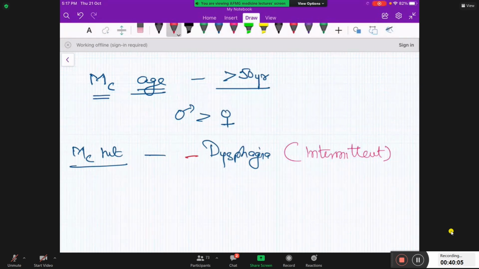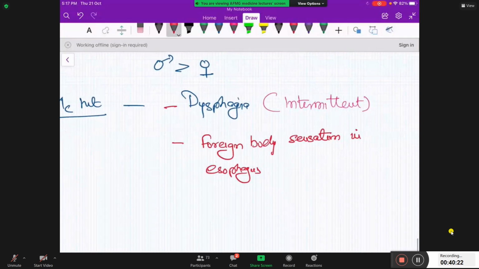Second, the patient will also have a foreign body sensation in the esophagus. Patient can have halitosis. Patient can have a dental enamel.